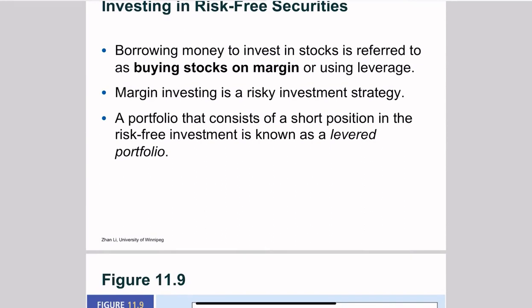Whenever you're borrowing money to invest in stocks, this is called buying stock on margin, or using leverage to make your investment. Margin investment is generally very risky. If you're right, you could earn a lot of money. But if you're wrong, you could lose a lot of money.